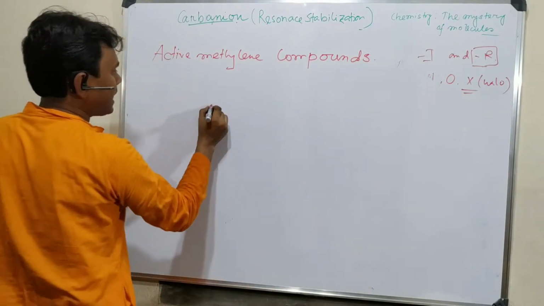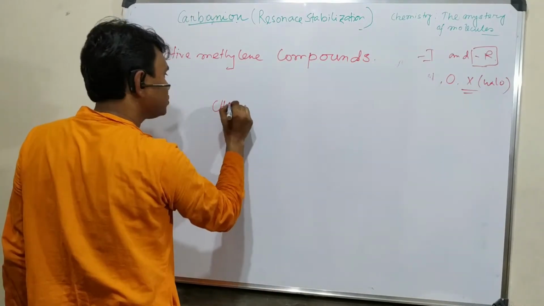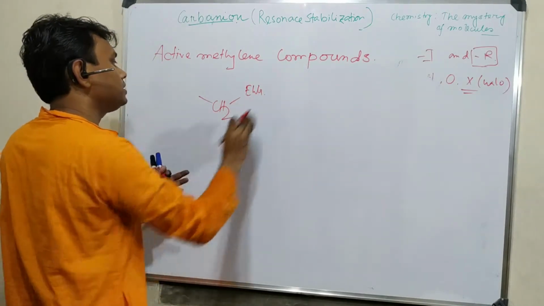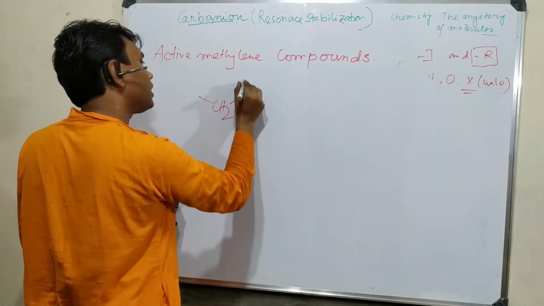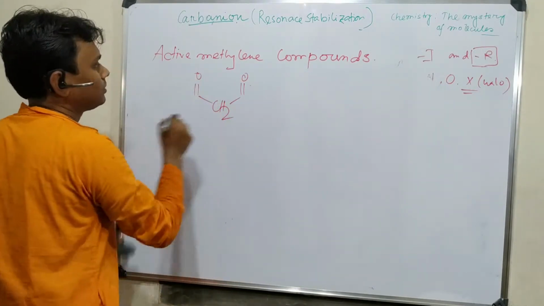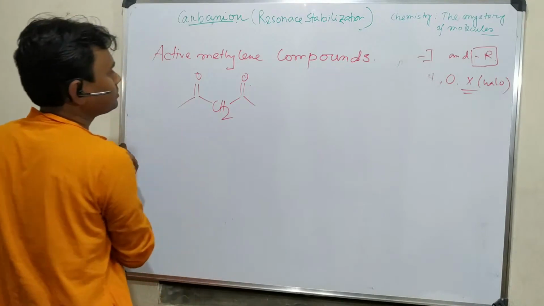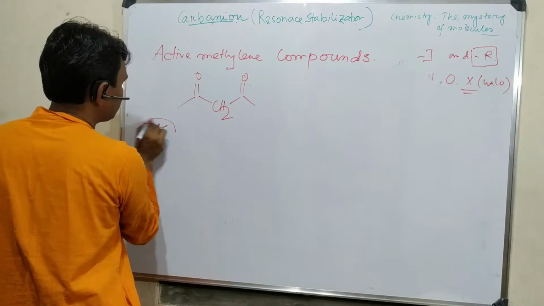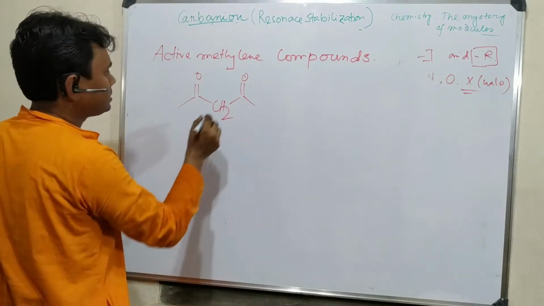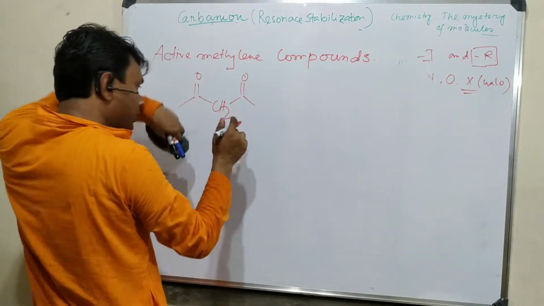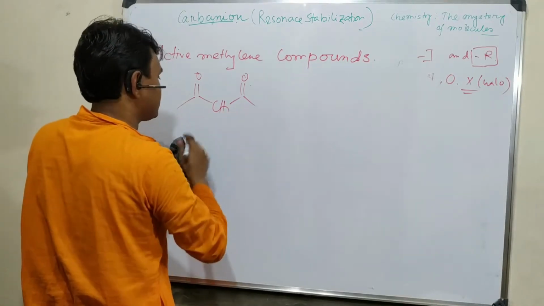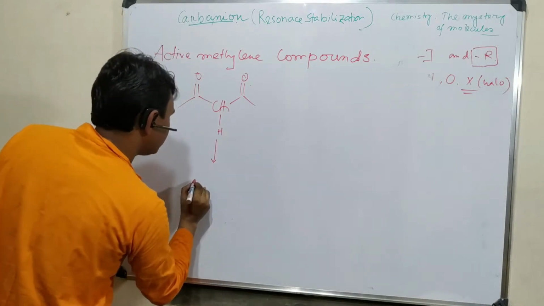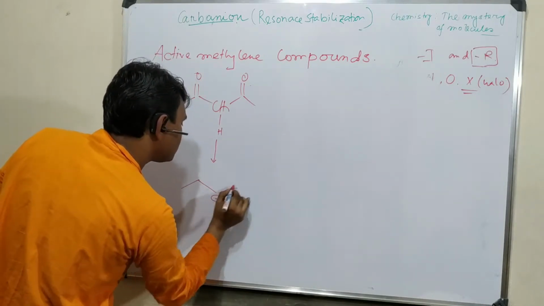What do they do? An active methylene compound is a methylene group attached to two electron withdrawing groups, like carbonyl groups. The simplest example is acetyl acetone, or in short ACAC. What happens? This proton is easily abstracted by a base, and it generates this carbanion.